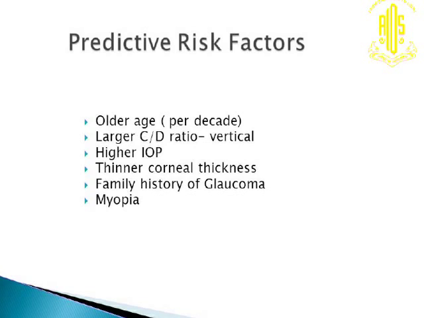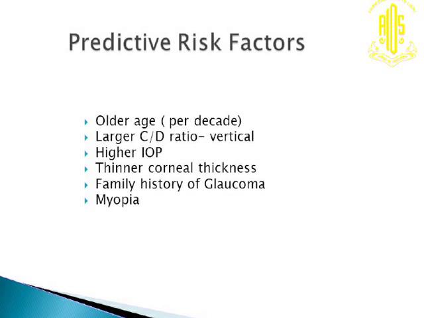The older age per decade is one of the important risk factors for the conversion of ocular hypertension into primary open-angle glaucoma. The higher vertical CD ratio and the thinner corneal thickness, that is an important thing which the OHTS study has taught us about the correlation of the thick and the thin cornea with open-angle glaucoma and the measurement of the intraocular pressure.